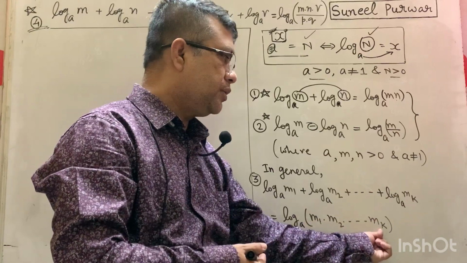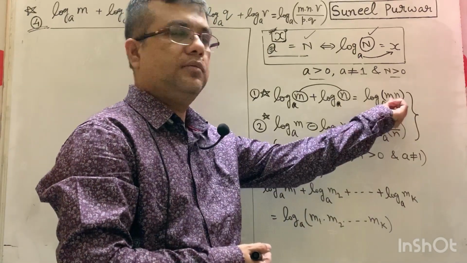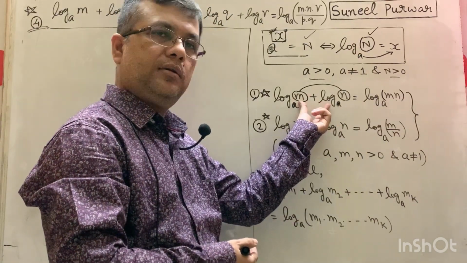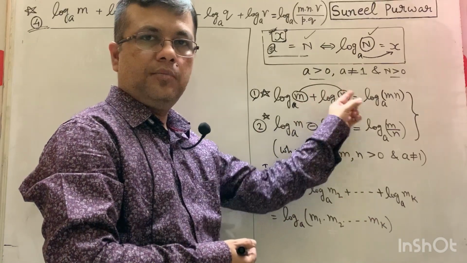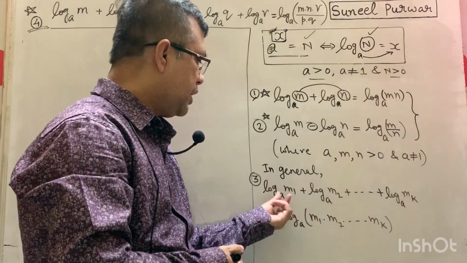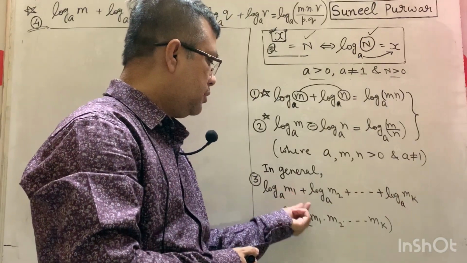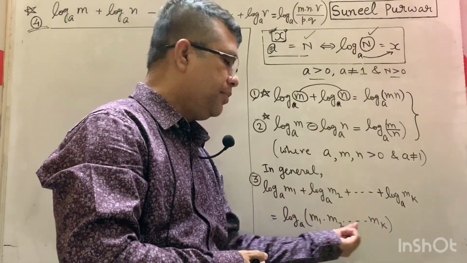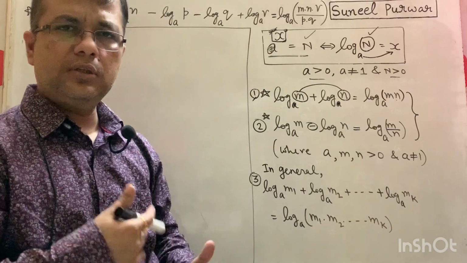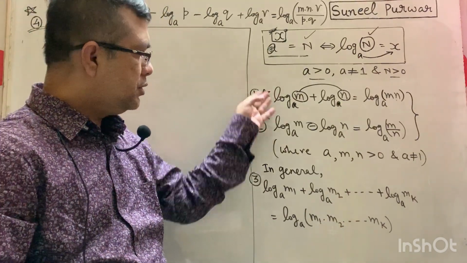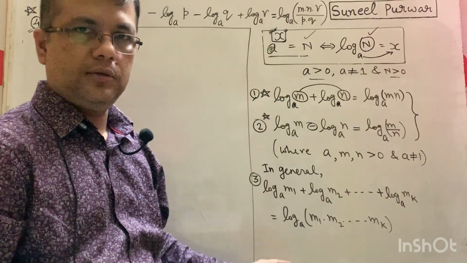That means all the numbers will get multiplied, like this case. There were two logarithms added here, their numbers got multiplied. Same thing is happening here also. You have the sum of so many logarithms, their numbers got multiplied. So this is how you will use these results while solving the questions.